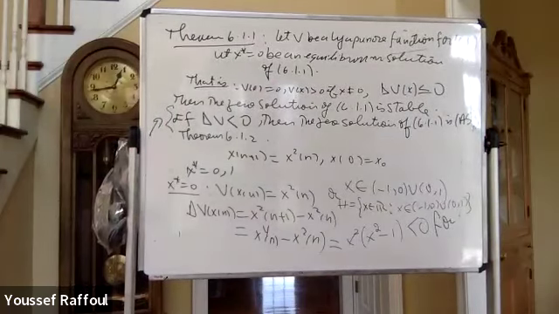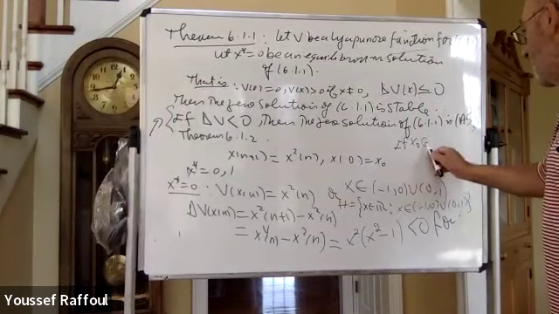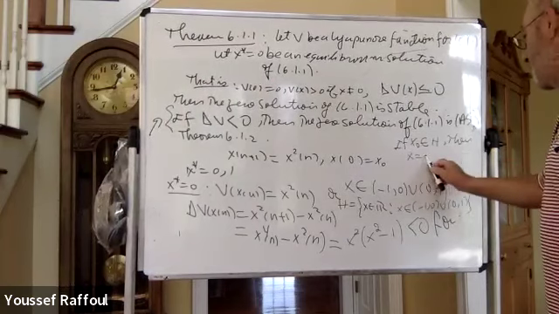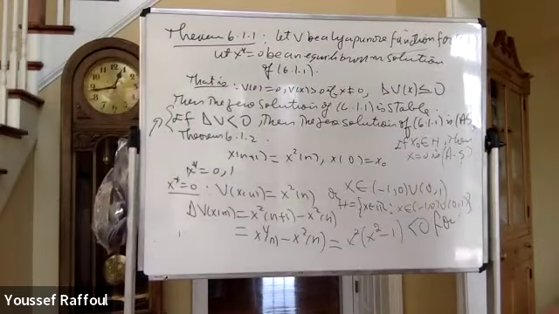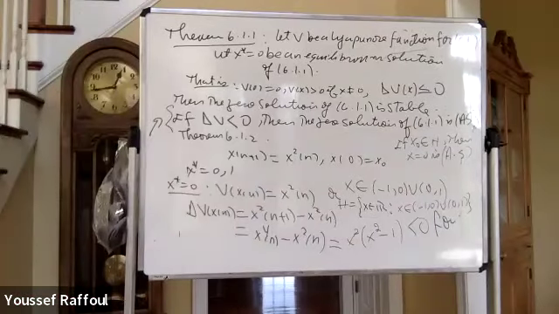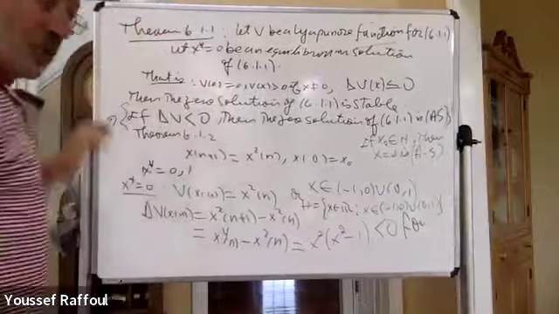So if x naught belongs to H, then x equals 0 is asymptotically stable. Well, so the stability really depends on where x0 is. Okay? Any questions so far?